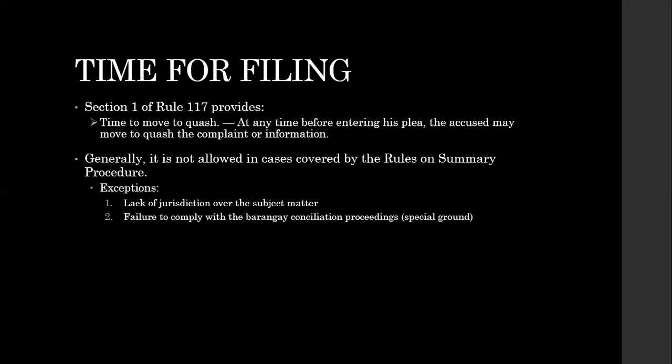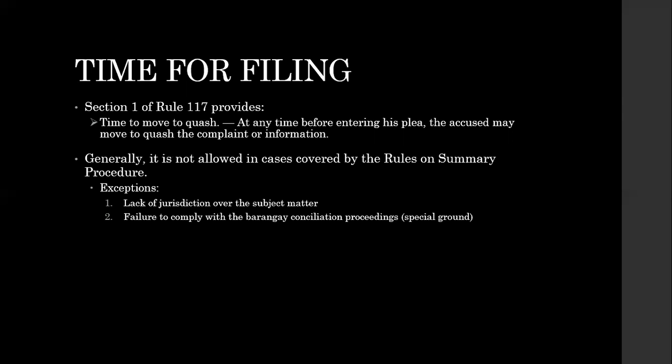So when can you file a motion to quash? Under Section 1 of Rule 117, a motion to quash may be filed at any time before entering a plea or before arraignment. If you have watched my previous video about arraignment, we discussed there that one of the remedies that the accused can avail before arraignment is the filing of a motion to quash under Rule 117.